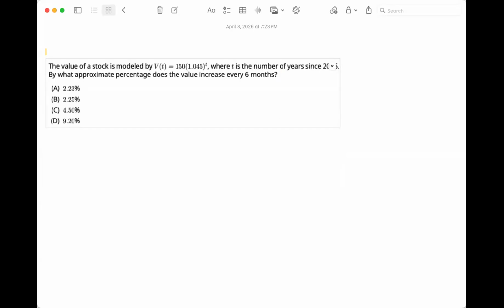The value of a stock is modeled by... We can do some logs graph as well. Wait, Miss Priya, what's the number after, since it's cut off?